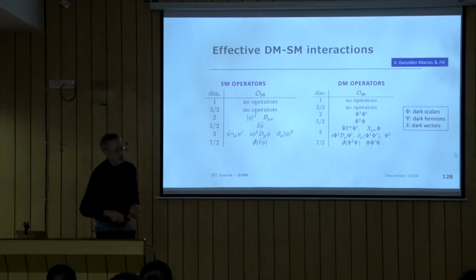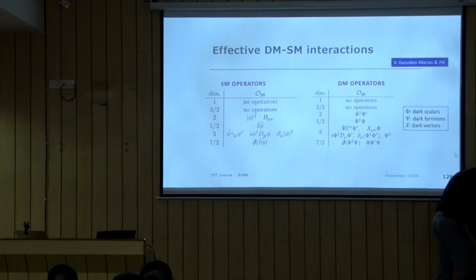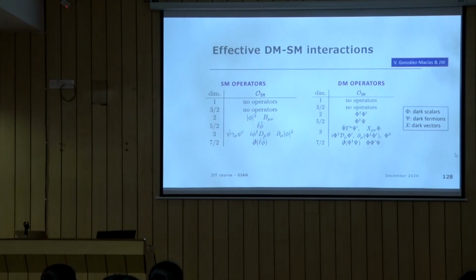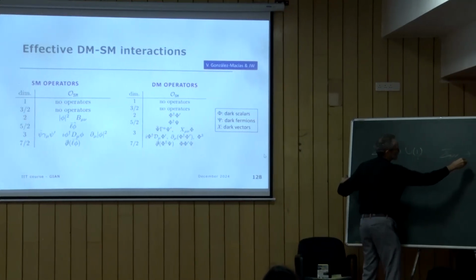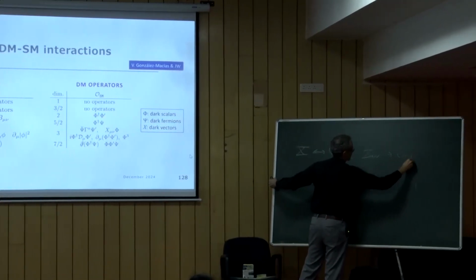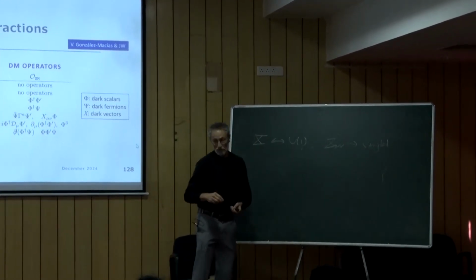If X corresponds to a U1, then X mu nu is a singlet, but it still can have other symmetries.